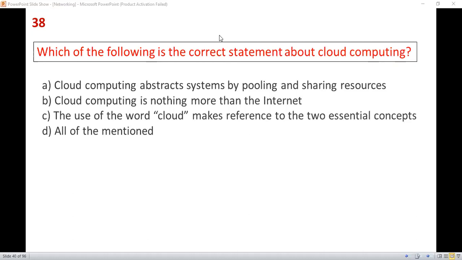See, if we are talking about pooling and sharing resources, it is related to the cloud concept of virtualization.